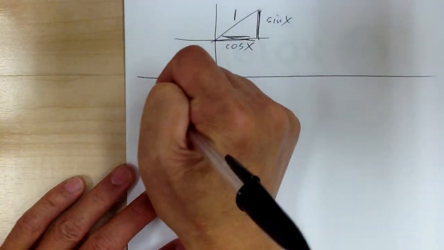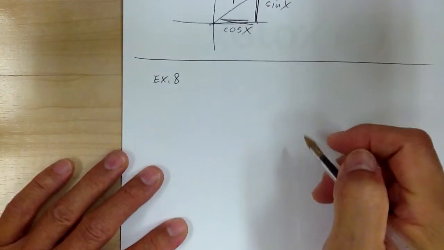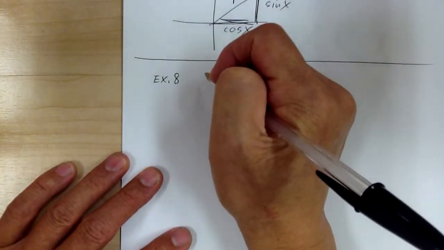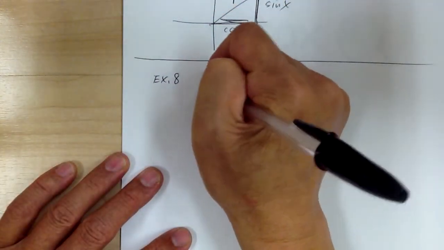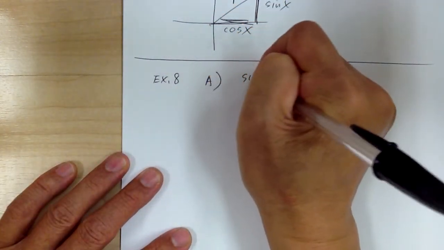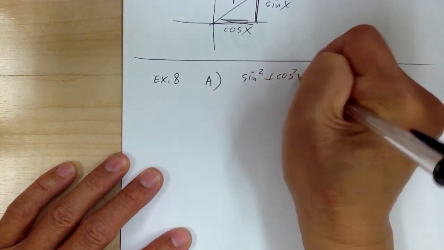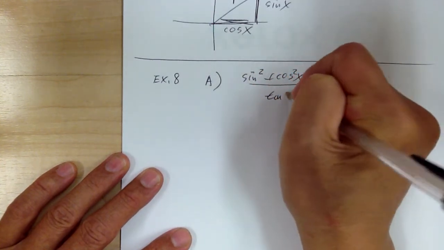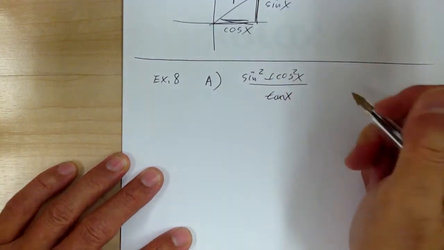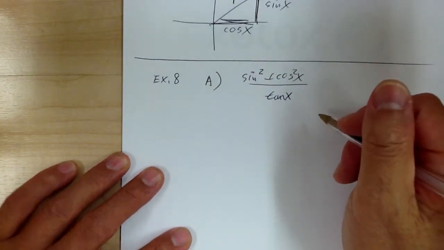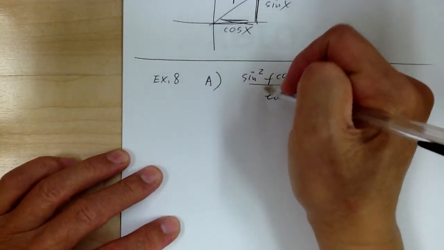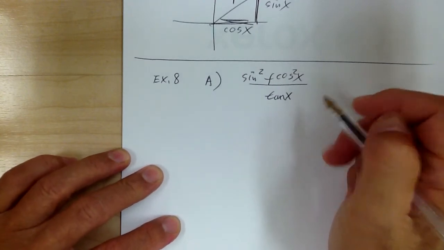Okay, now let's go to example 8. Example 8 is to simplify the expression using all the identities. So you have sine squared x plus cosine squared x over tangent x. Now when you try to simplify, what you want to try to do is make everything into sine and cosine if possible.